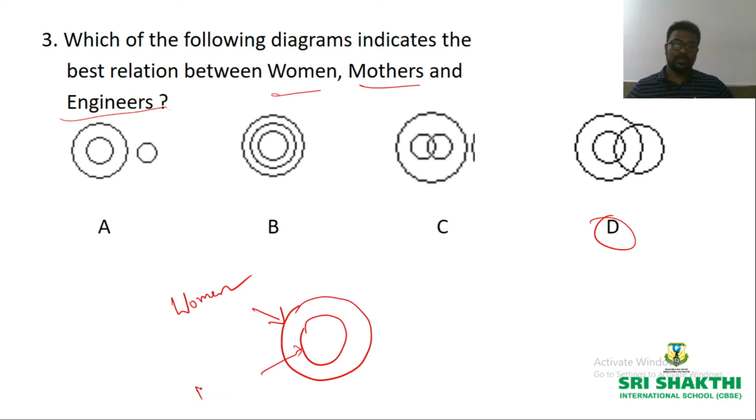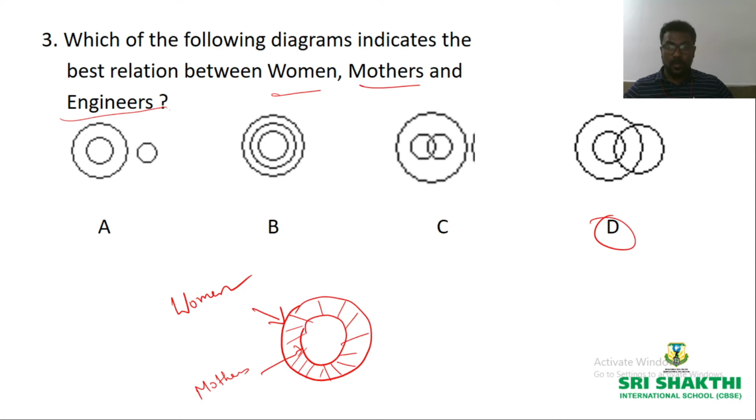Among women, some may not be mothers, so they will fill the left out region. So this circle represents mothers, and the shaded region represents the women who are not mothers.